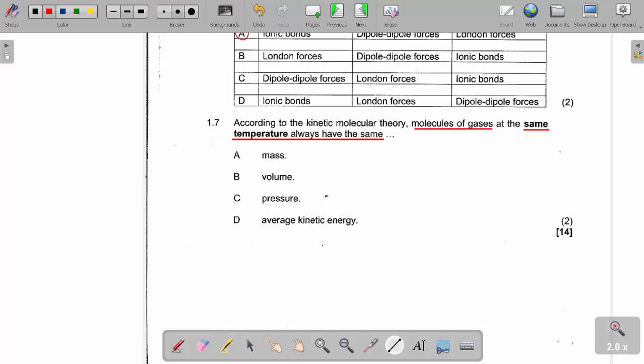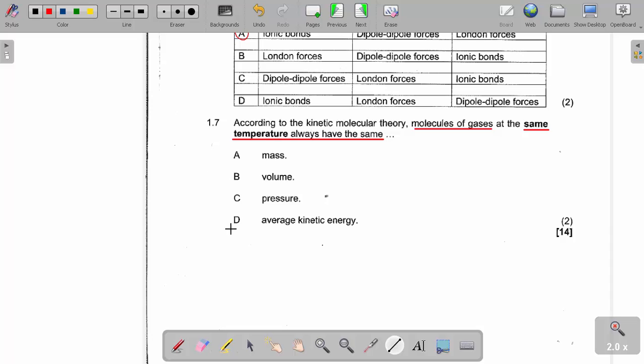Okay, but because we said STP, it means standard temperature and pressure. Now here it's only same temperature, and in this case it's not going to be volume, because for volume to be the same, the molecules of the gas must have the same temperature as well as the same pressure. So it's not volume this time, but instead it is average kinetic energy.